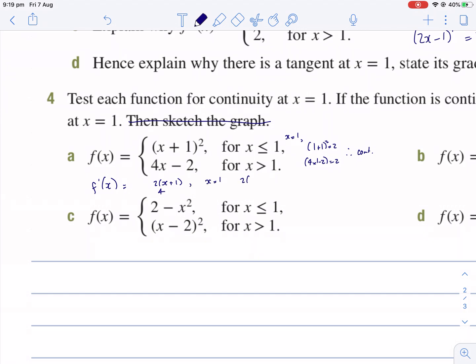So we're going to have 2 times 1 plus 1 equals 4, or 4, which is 4. They're the same, so therefore it's differentiable.